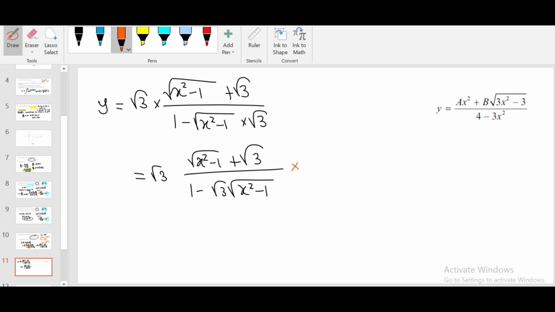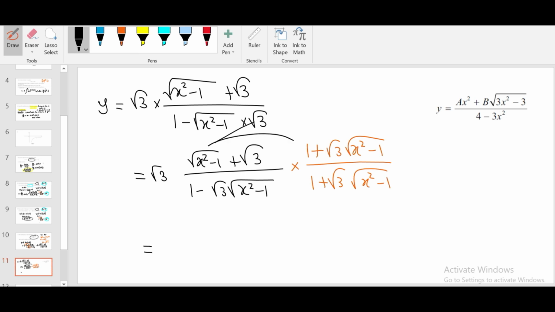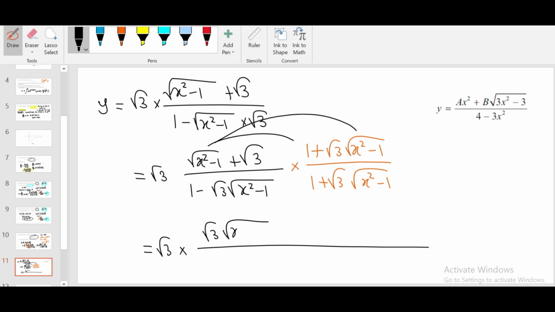I'm going to multiply and divide by, it's like rationalizing the denominator, 1 plus root 3 times root x square minus 1. So if you do that carefully, simplify, you will get the answer. I keep this root 3 as it is. So I will get root 3 times root x square minus 1. Sorry, when you multiply by 1, you will get just root x square minus 1.